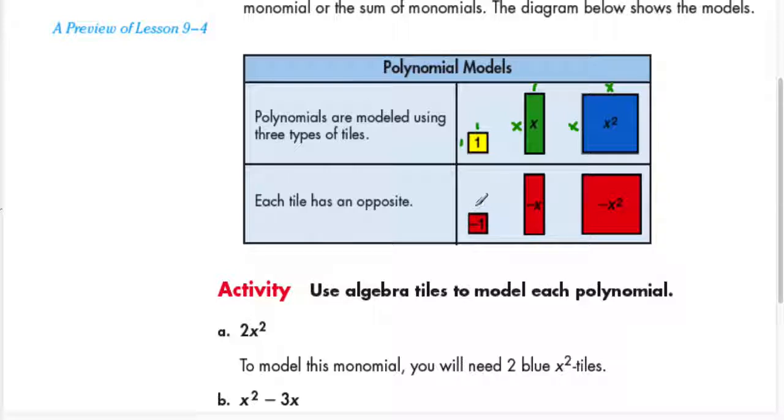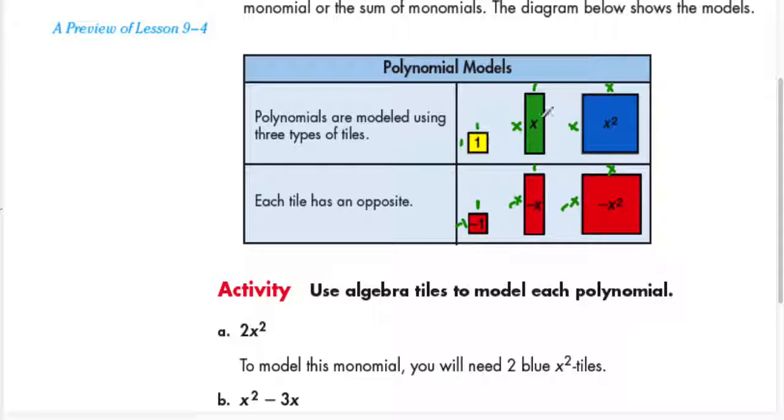The length of this side is 1, this one is -1, so that's why the area is -1. On the other hand, you can do this as well: this can be 1 and this is -x, or it can be the opposite. This can be -1, that can be x. For the -x squared tile, one side can be x and the other will be -x to give you the -x squared tile.